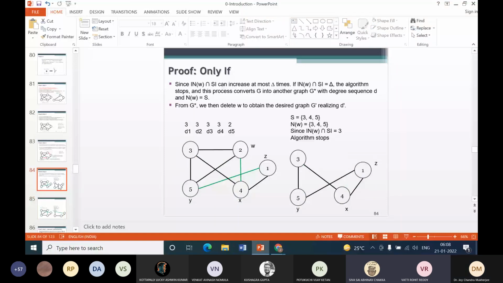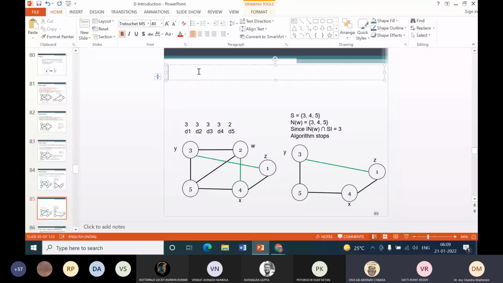So this is one way, this is the second way. Other option: basically choose vertex 3 as Y. So the algorithm stops here.